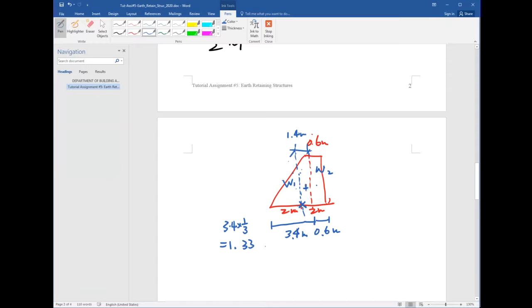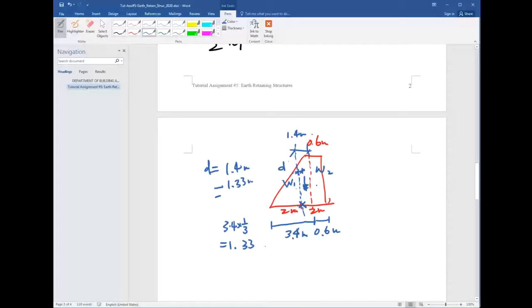The W. Now, what's the distance? The D equals to what? That is the D. It's equal to 1.4 minus 1.33 meters, right?